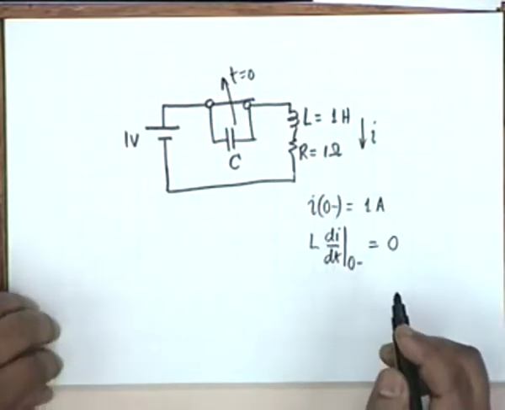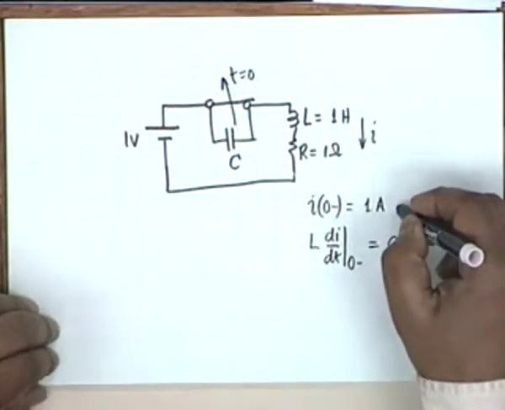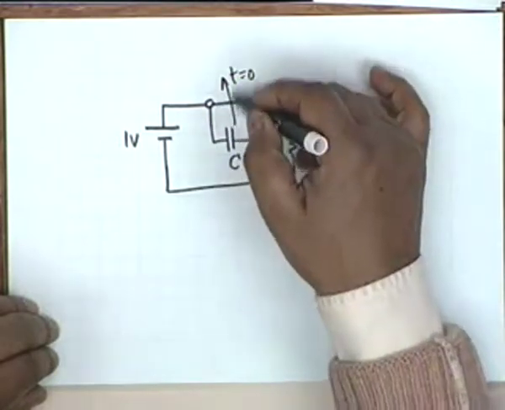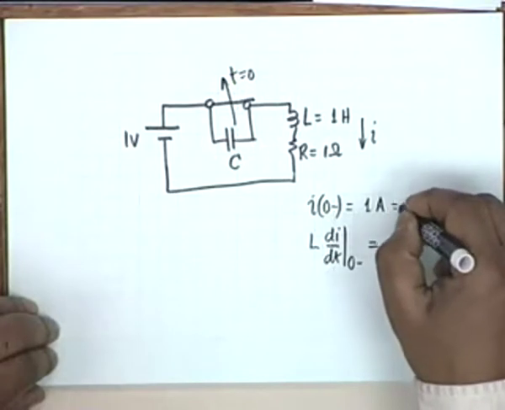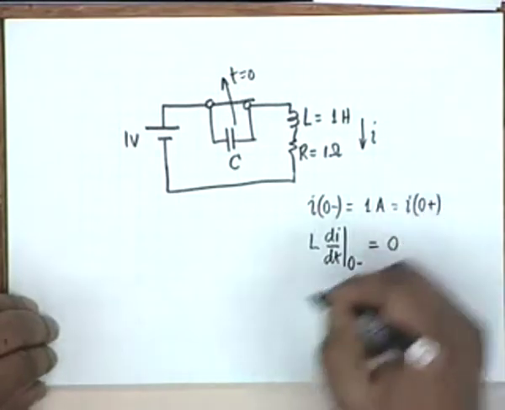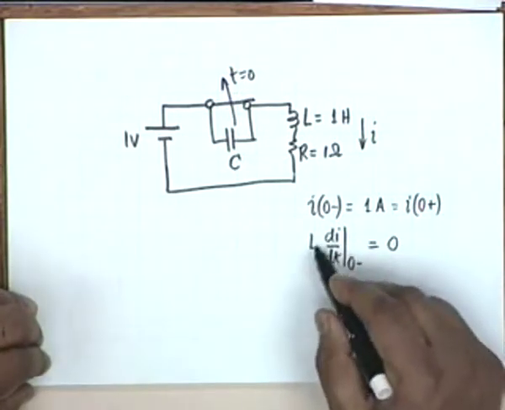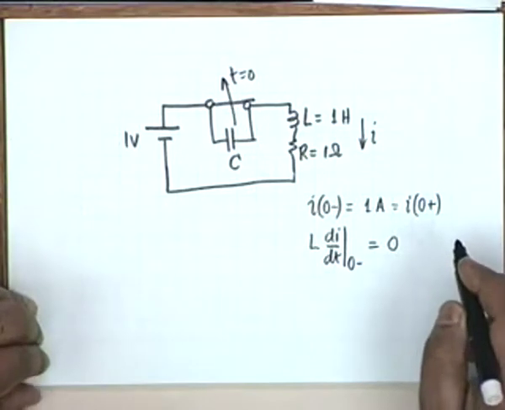Now the current through the inductor cannot change suddenly, and therefore when this switch is opened and the capacitor is put in the circuit, the current must remain at 1 ampere. And what about the voltage across the inductor? It will change. Let us see.